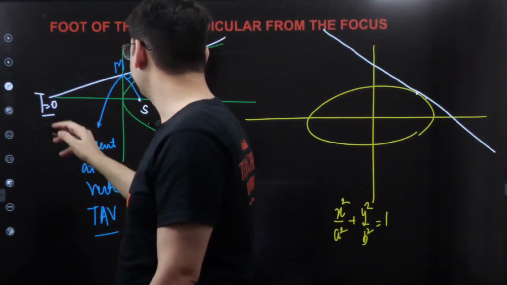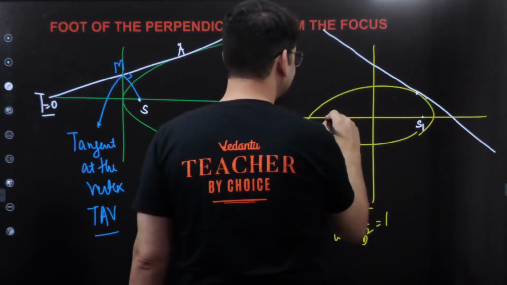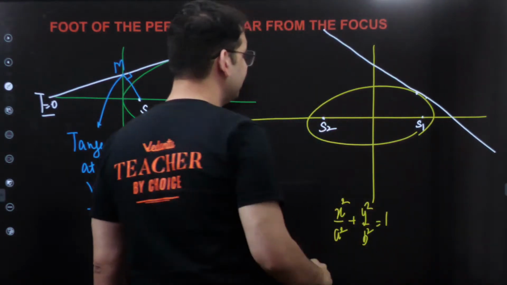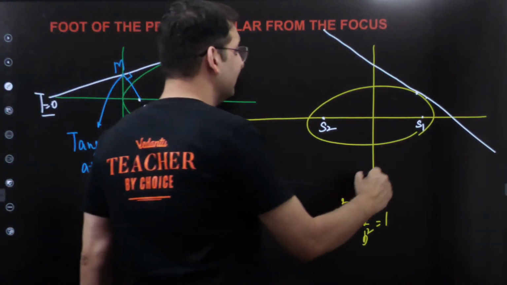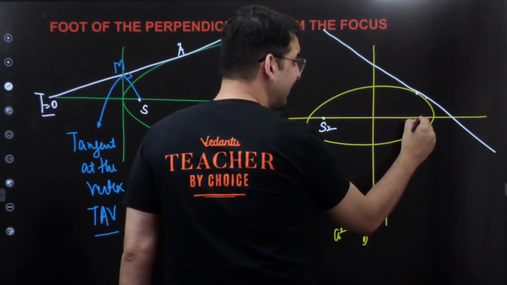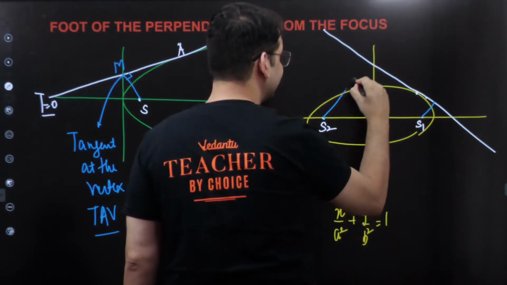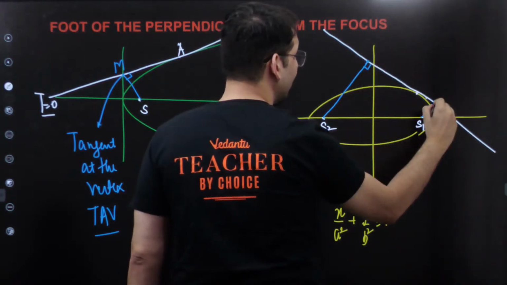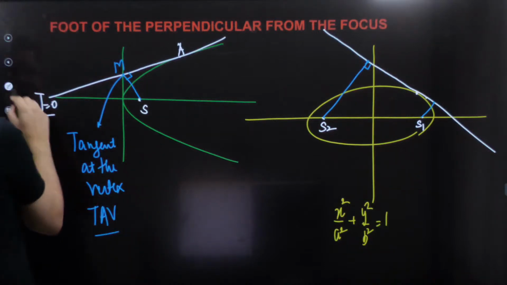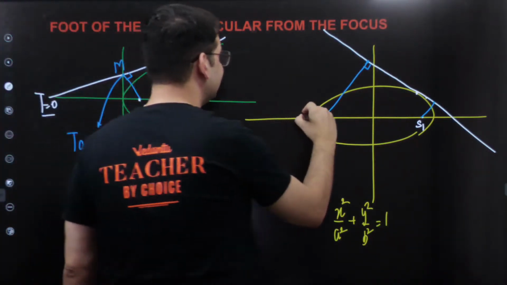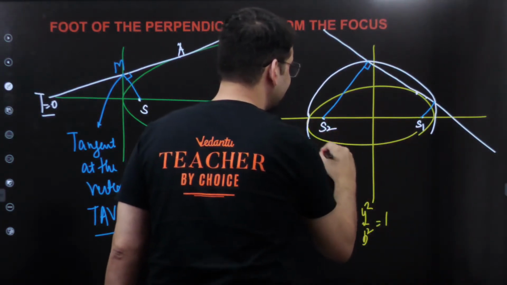Now there are two foci. Let's say this is S1, this is S2. Now the same thing happens here also. The foot of the perpendicular from the focus to any tangent always lies on the tangent at the vertex. So in this case, the tangent at the vertex is actually the auxiliary circle.